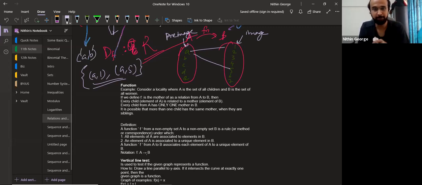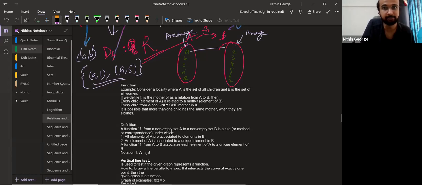B is from set B, A is from set A. So A cannot have two images. It should have a unique image for it to be a function. It can point anywhere for a relation, but for a function it is very strict that way. You can only have one-way traffic. You can only go to one element.